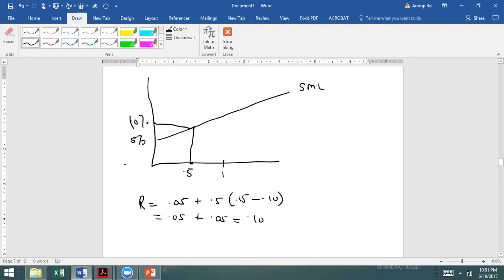Let's say IBM stock, remember this was IBM, is selling at $100 today, so the price P0 is $100. They expect to pay a dividend of $2. And the price expected to prevail at the end is about $110.